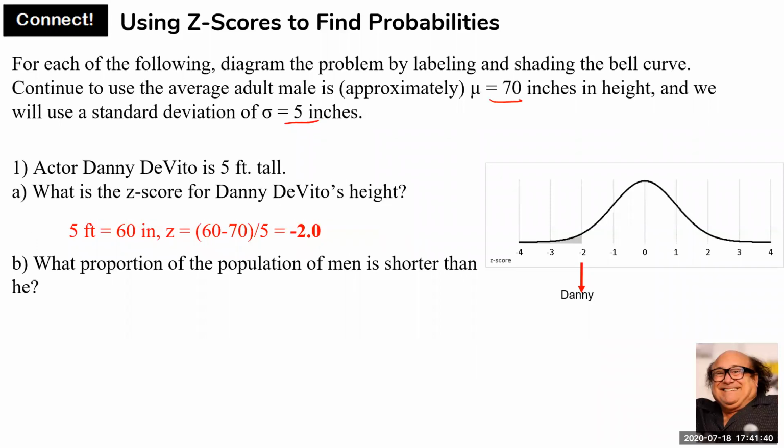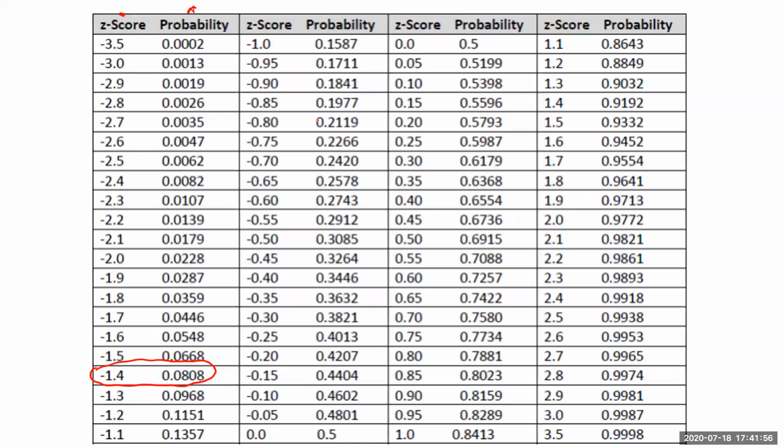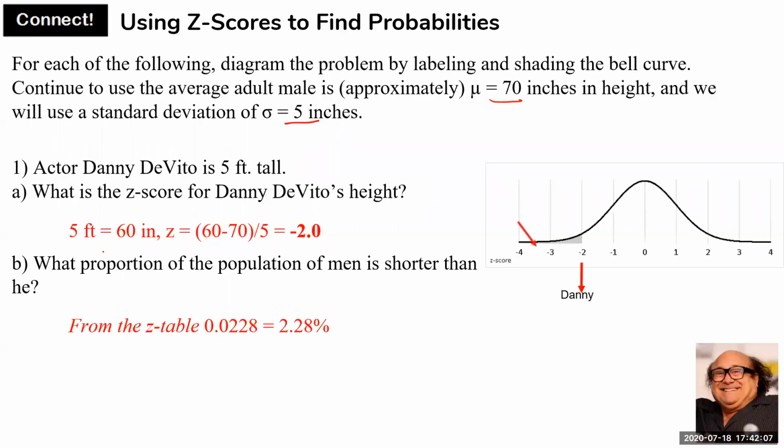So 60 minus the mean, and now we have to go back to the table. Okay. Now we want what proportion of men is shorter. So we go to the table, and let me go back to the table. So what did we get? We had minus 2, right? So minus 2, this is it. And that will be our answer. We do not subtract because we want shorter.